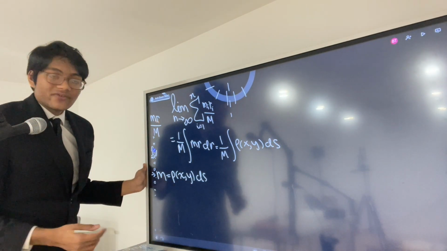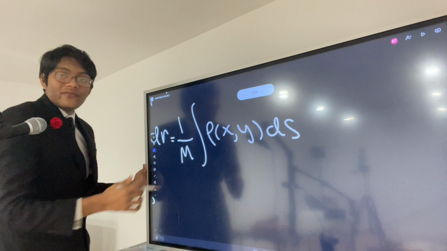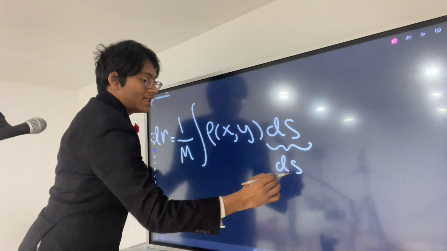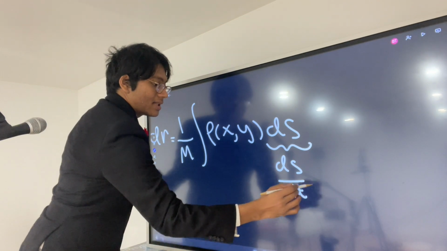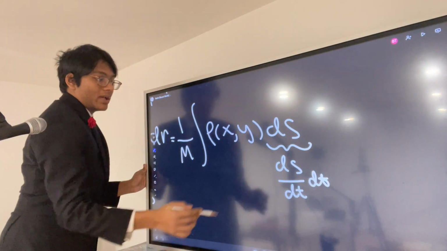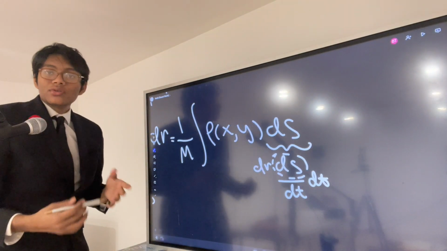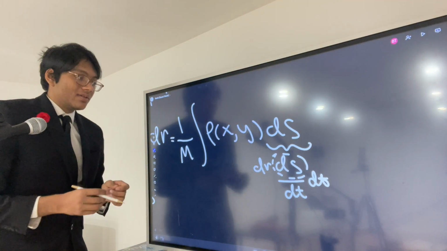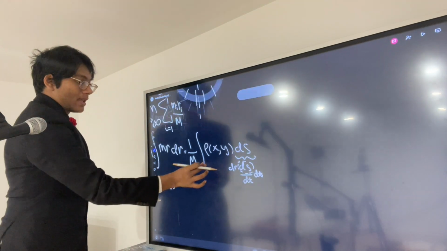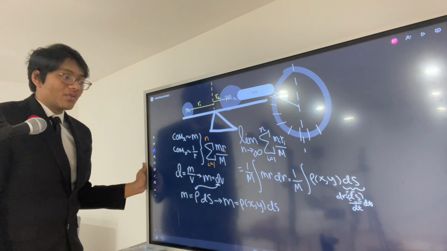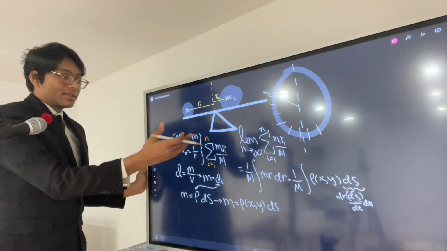And where did I get ds from, you might ask? Didn't I have dr before? Well, ds is simply another way to write dr, because they're both representing a bit of length, right? Okay, that's great. So we have the formula we need for the center of mass.